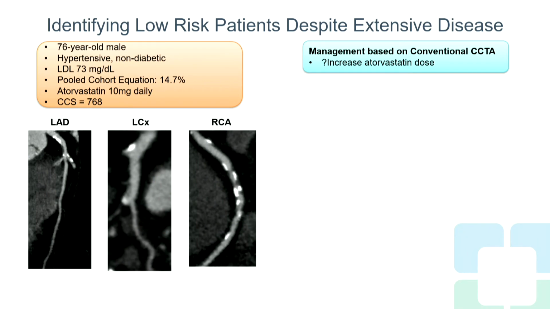Now, on the flip side, you are going to encounter a lot of patients with extensive disease. So a 76-year-old male, hypertensive, non-diabetic, well-controlled LDL, cohort equation 14.7%, and the calcium score is 768, and is on atorvastatin. So what do we need to do?